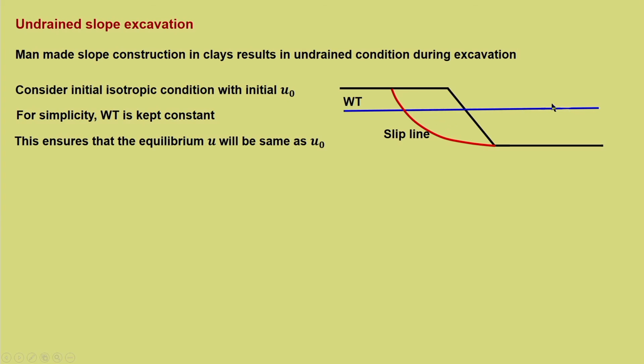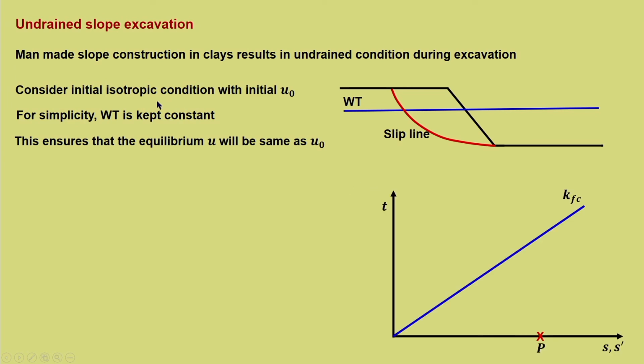So, we are considering the water table to be constant, and hence the equilibrium pore water pressure after excavation will change and again reach an equilibrium value. Now, if you consider the water table to be the same, then after equilibrium whatever pore water pressure it attains will be the same as the initial pore water pressure, because the height of the water table is not changing.